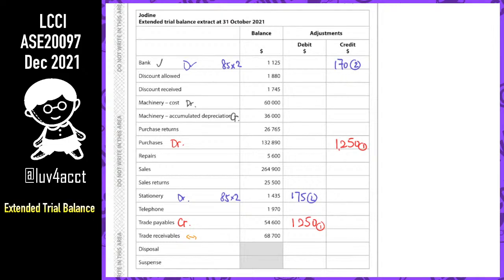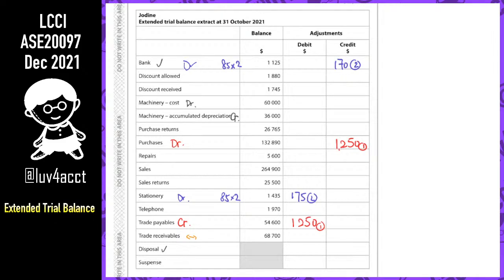Having these three items, the balancing item will be disposal, because you have a disposal account. So let's start with the cost. The cost is 16,000.